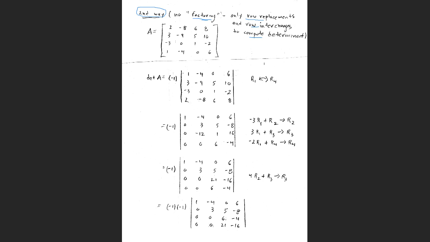In fact, the determinant of any matrix A can be found using only row replacements and row interchanges. The scaling is not necessary. You can do it, but it isn't needed.